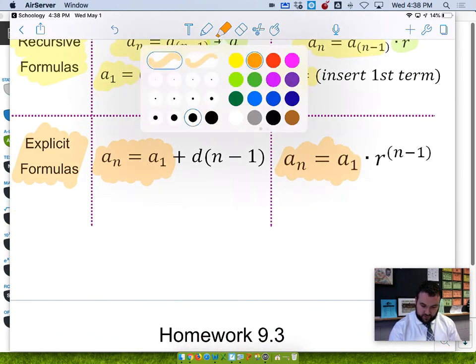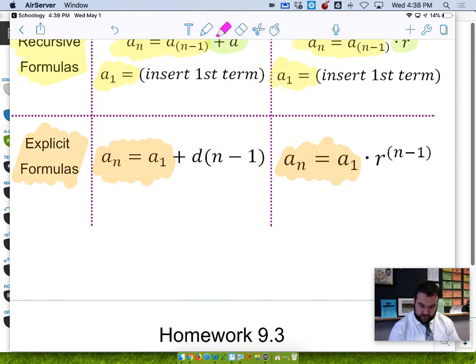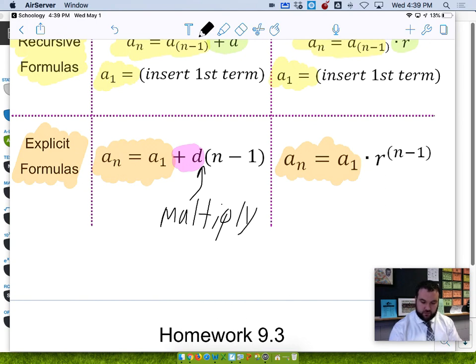The difference is that with arithmetic sequences, you are adding a common difference. To show you're adding over and over again, we use multiplication. So here we multiply by n minus 1.